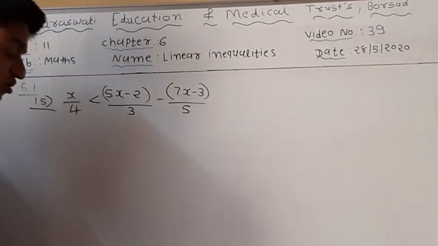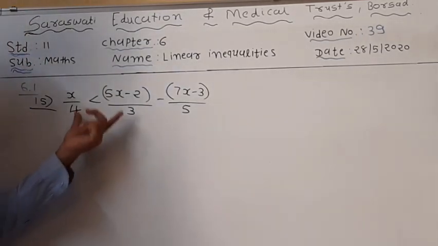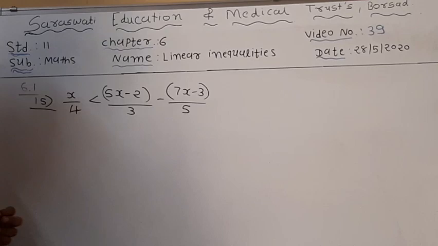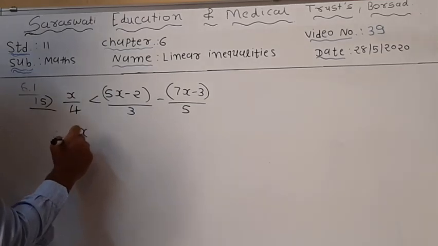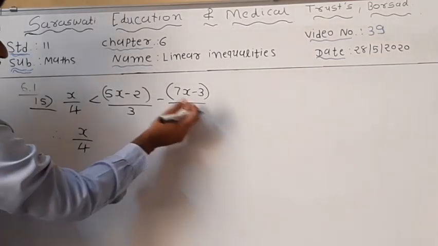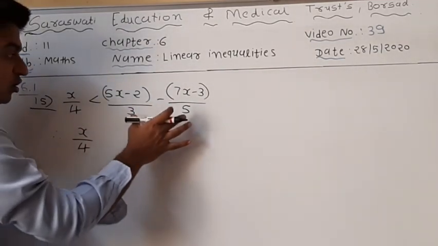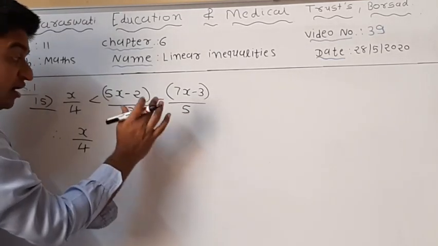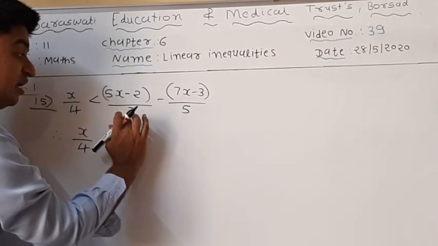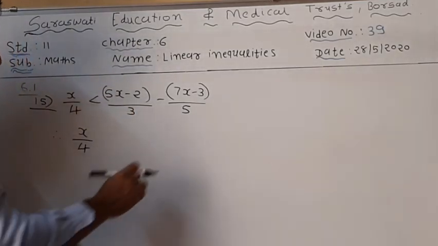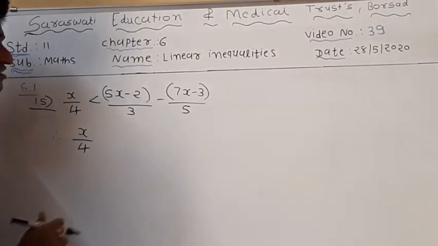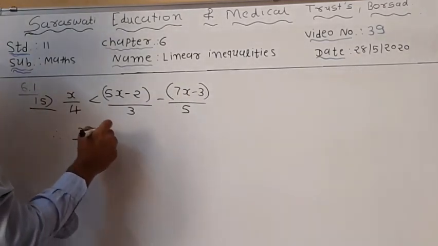So again solve this inequality and find the value of x. But how can we solve it? The right side has two terms, so first find the LCM of these terms. Here 15 is our LCM on the right side.